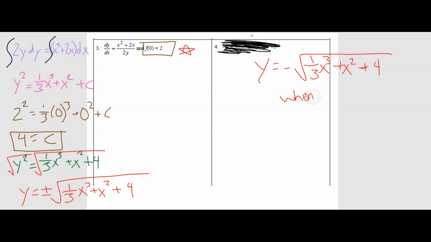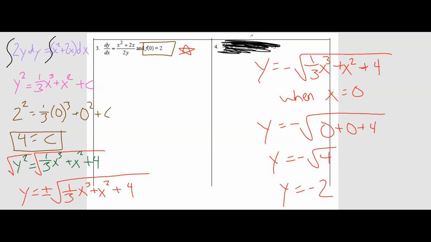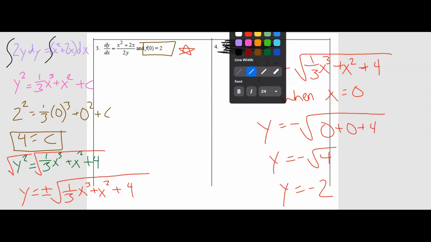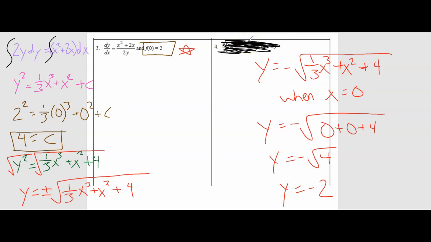when x is equal to 0, I get y is equal to negative the square root of 0 plus 0 plus 4. Y is equal to the negative square root of 4, so y is equal to -2, which is not what I want. So our final answer here needs to be just the positive square root.